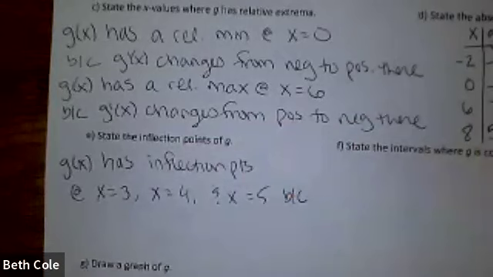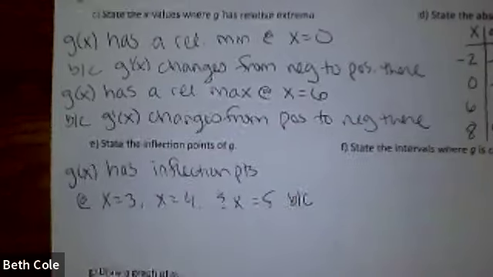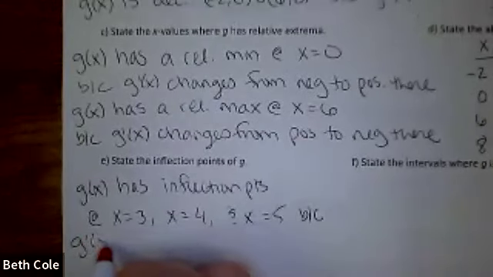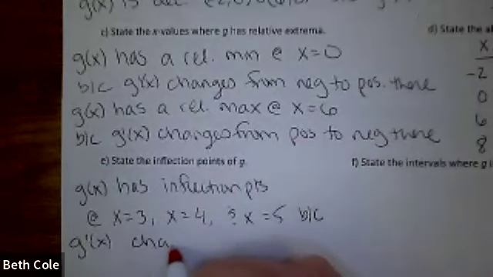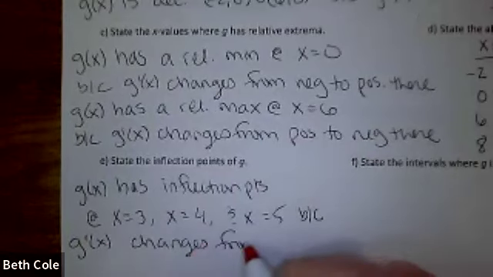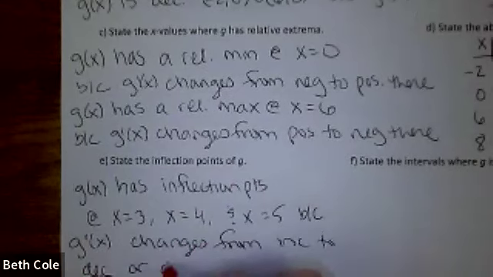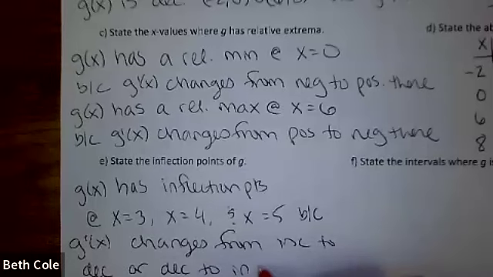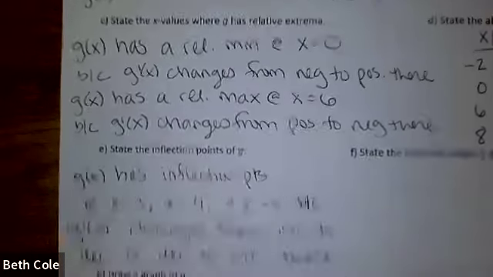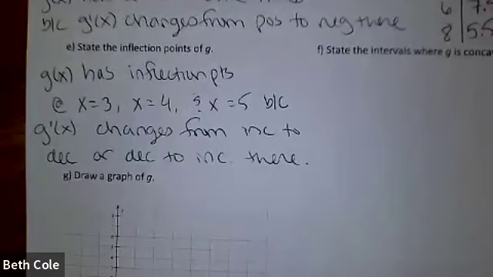Because, and who again is your source that you're citing? G prime. Have I hammered that in enough? G prime changes from increasing to decreasing or decreasing to increasing there. And I do apologize. That is how I've been told you have to put it.